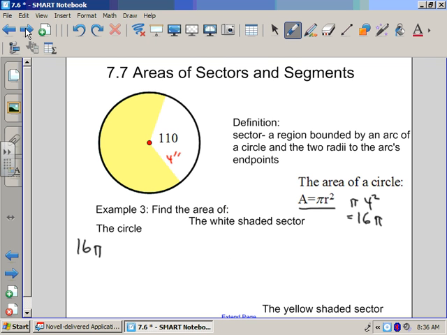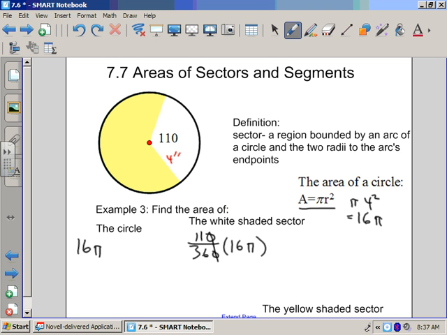Well, the white shaded sector is 110 degrees out of 360 degrees, times the area of the circle, which is 16 pi. I take the proportion of the central angle to the whole circle, 360 degrees, and multiply that proportion by the area of the circle, which is 16 pi.